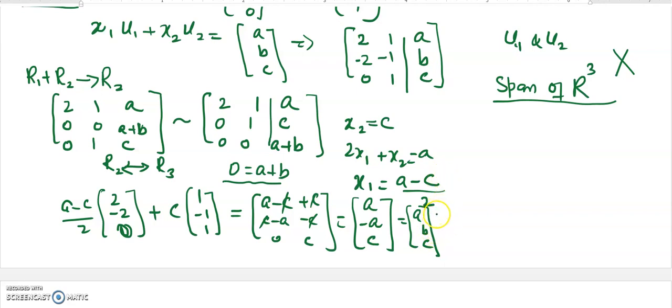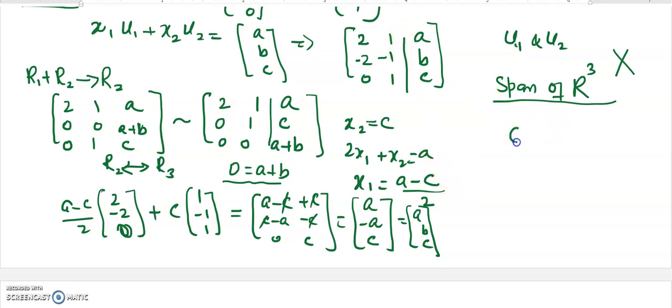So it is absolutely not a result that x1 multiplied by u1 and x2 multiplied by u2 will always be equal to a vector in the R3 space.